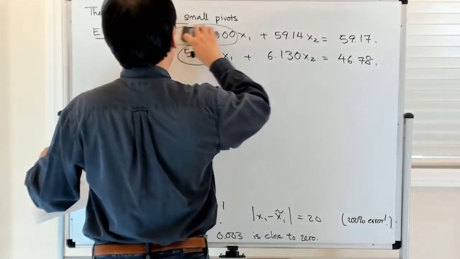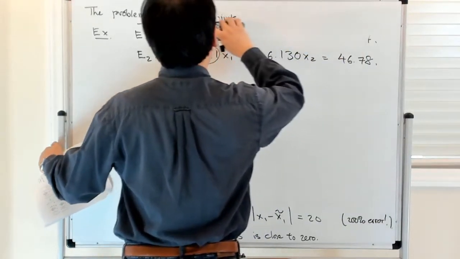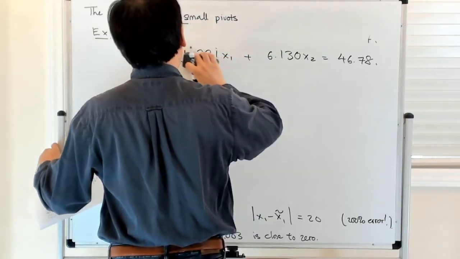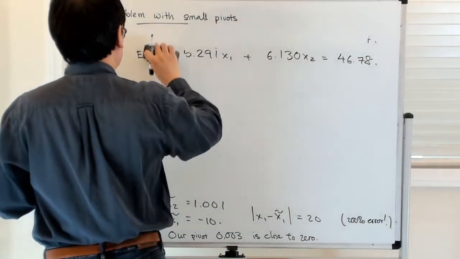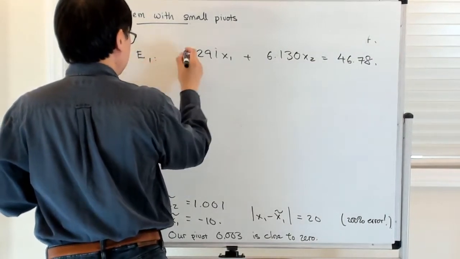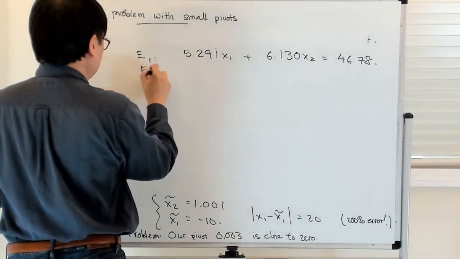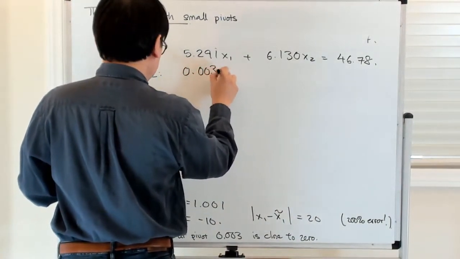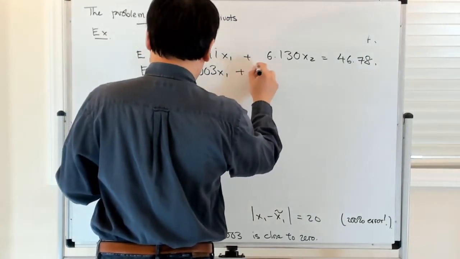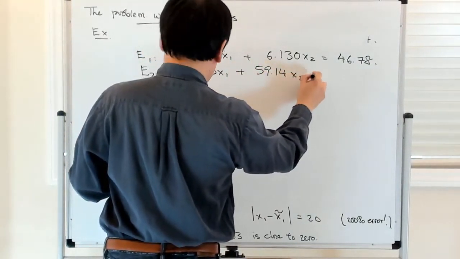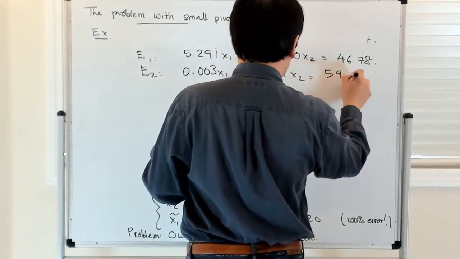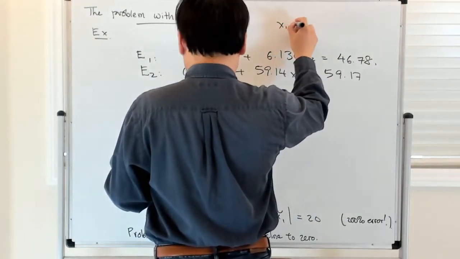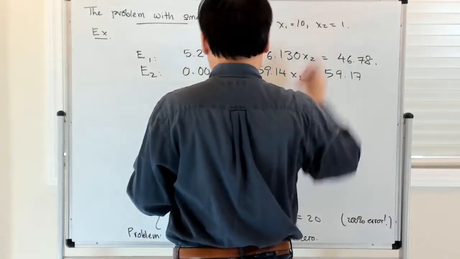I'll erase this thing here and call that equation 1 now. And I'll copy down the old equation, 0.003 x1 plus 59.14 x2 is equal to 59.17. As before, the answer is that x1 is equal to 10 and x2 is equal to 1.